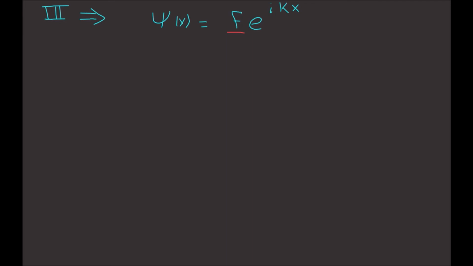So we have 4 boundary conditions. The first is the continuity of psi of x at minus a.